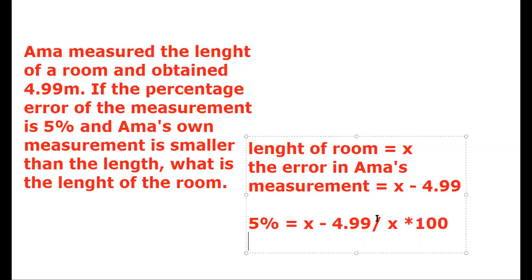Is that okay? So now we want to find the x here. So we have 0.05, that's 5%, times x is equal to x minus 4.99 times 100.